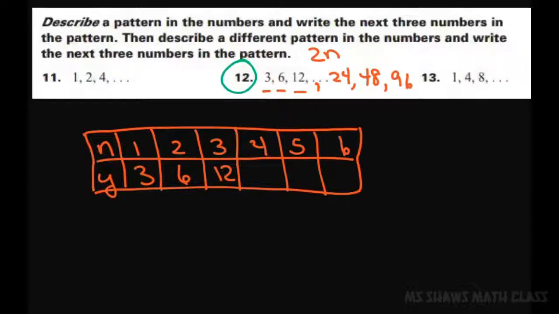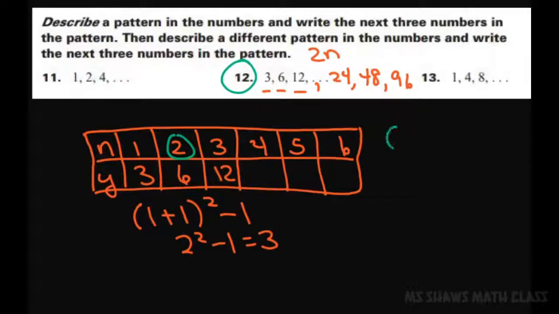If I take 1, I could do 1 plus 1 squared minus my n. So this would be 2 squared minus 1 equals 3. What I'm really doing is n plus 1 squared minus n.